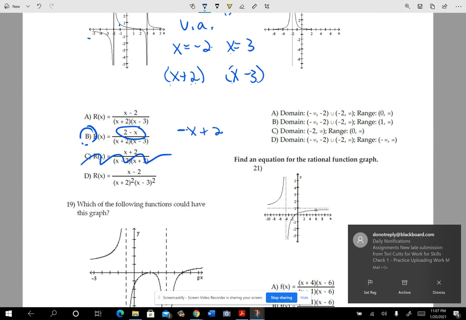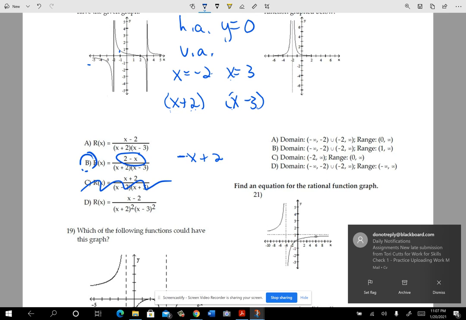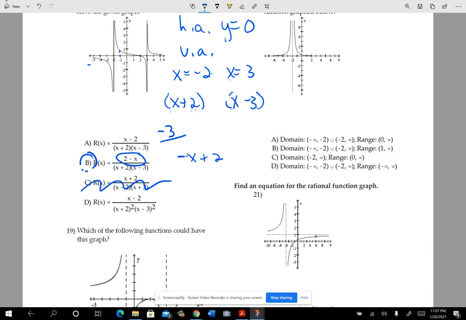If I plug in a -1, I would get -3 on top, and I would get 1 and -4 on the bottom. So I'd get a +3/4 if I plug in a -1. So far so good. That seems to fit.